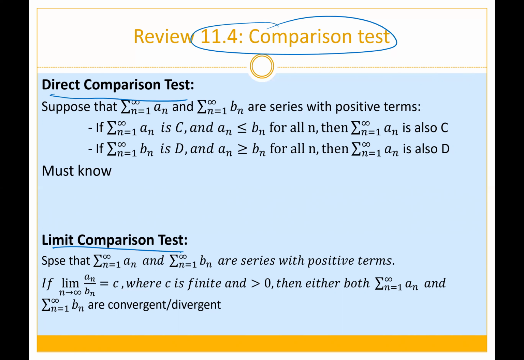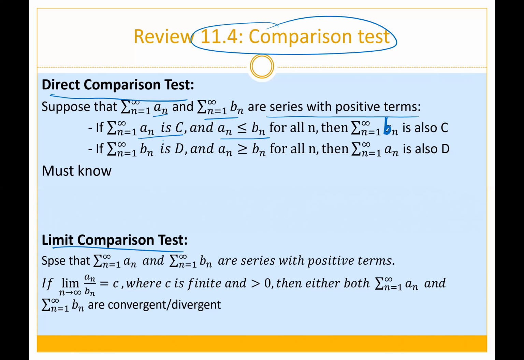So say here, if you have the series an and bn, series with positive terms, then if an is convergent and an is smaller than every term in bn... wait, hang on.